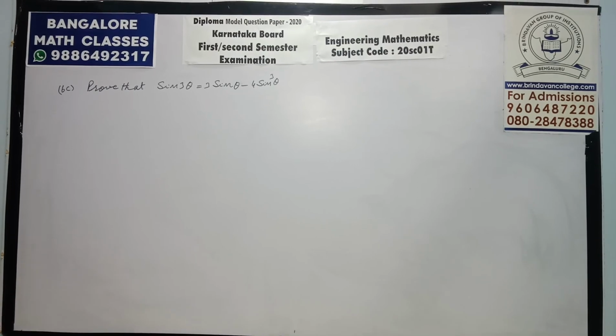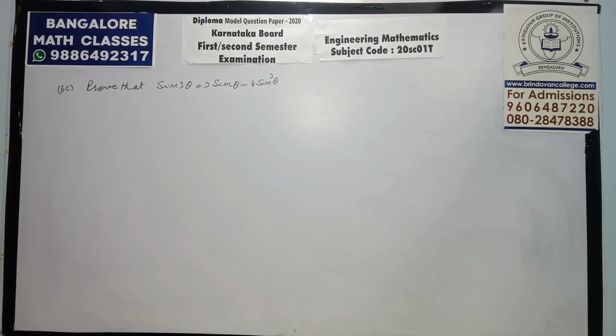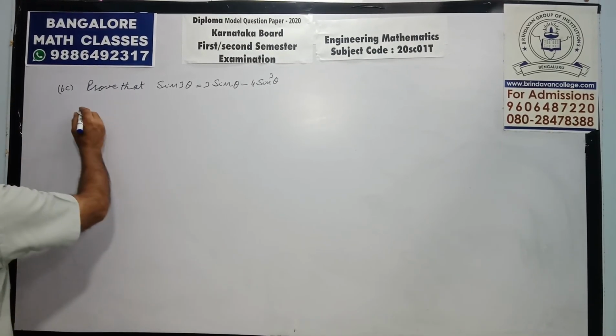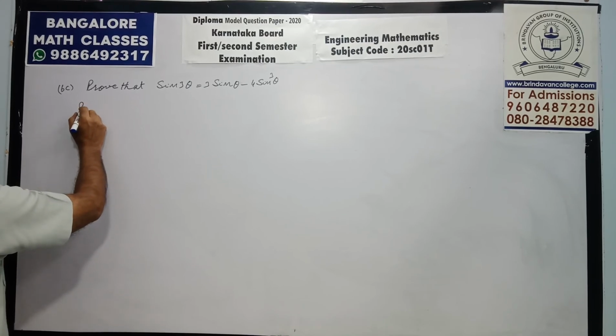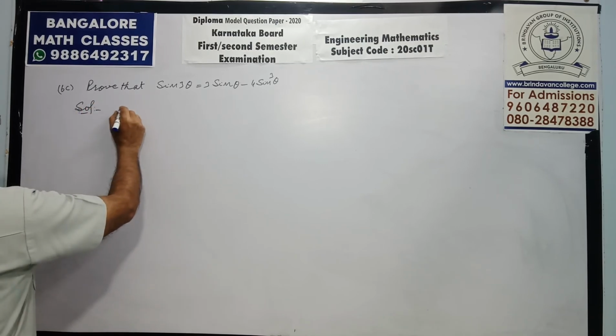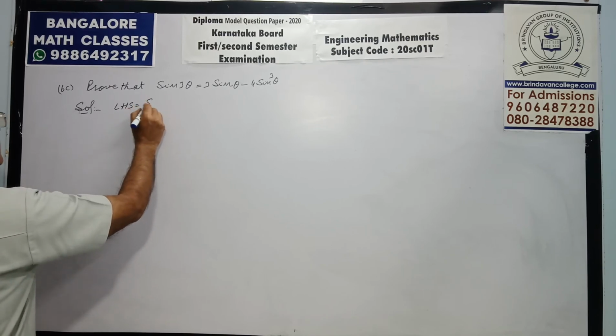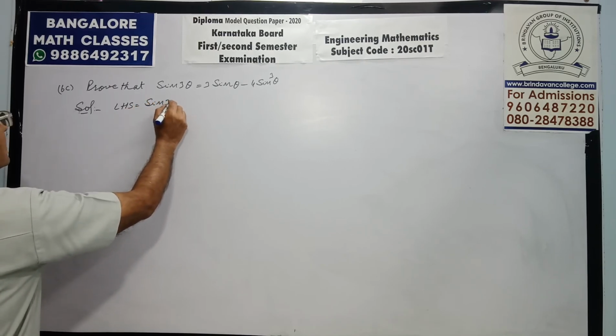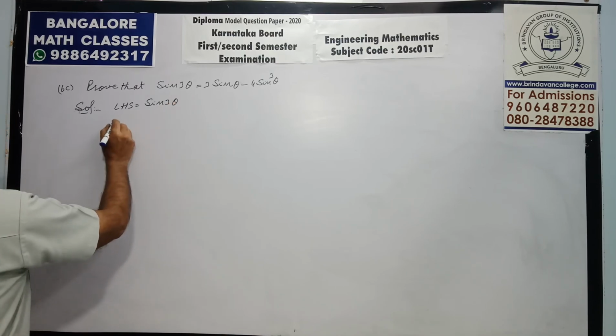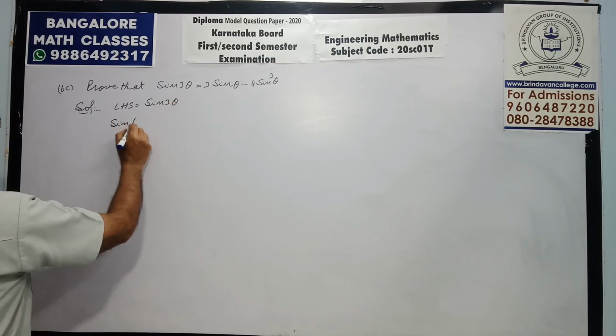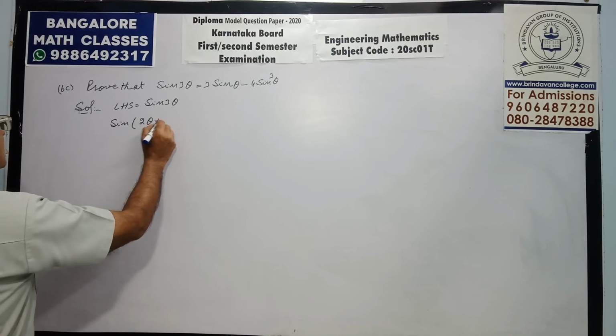6C part. Prove that sin 3 theta is 3 sin theta minus 4 sin cube theta. Proof, or you can say the solution. LHS is sin 3 theta. Put sin 3 theta as 2 theta plus theta.